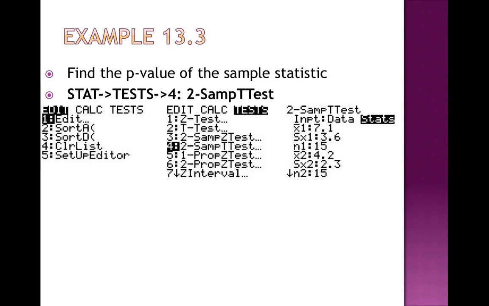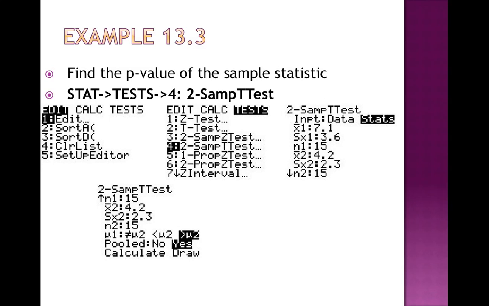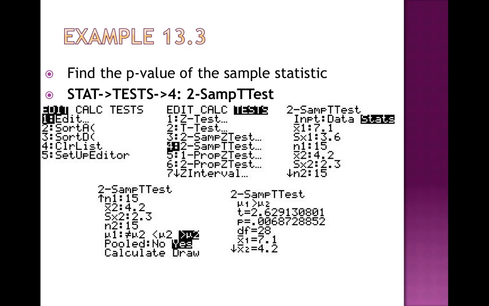And then x bar 2 is 4.2, sx2 is 2.3, and n2 is also 15. Scrolling down, make sure that you choose the direction as a greater than test, so greater than mu2. Down at pooled, you're going to press yes, and then calculate. And you've got a p-value of 0.0069.